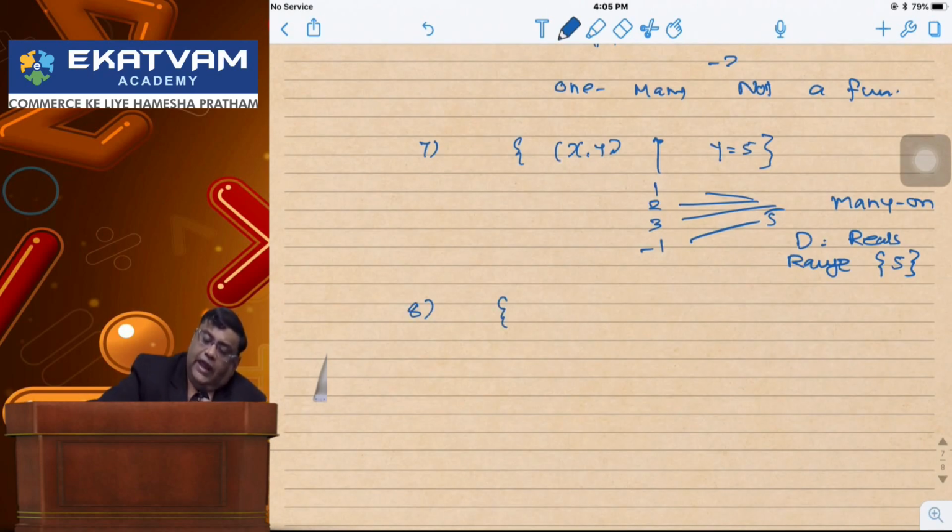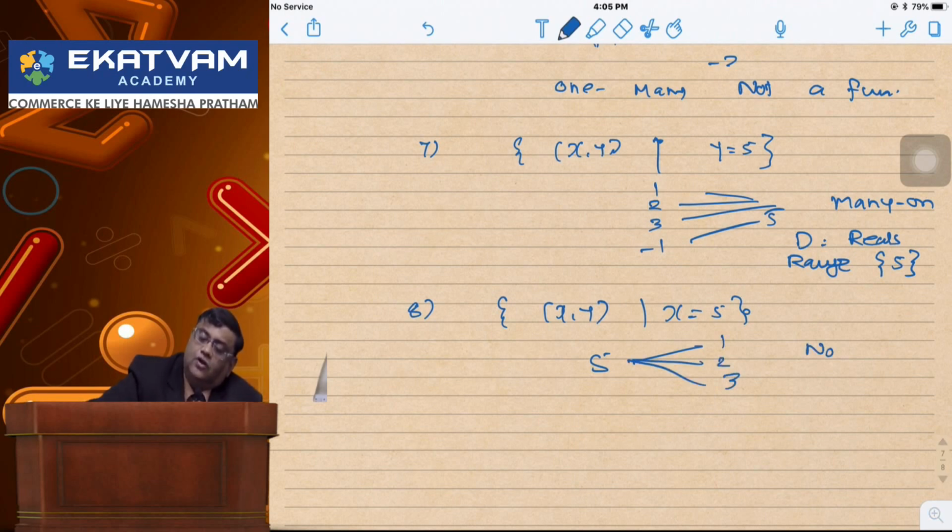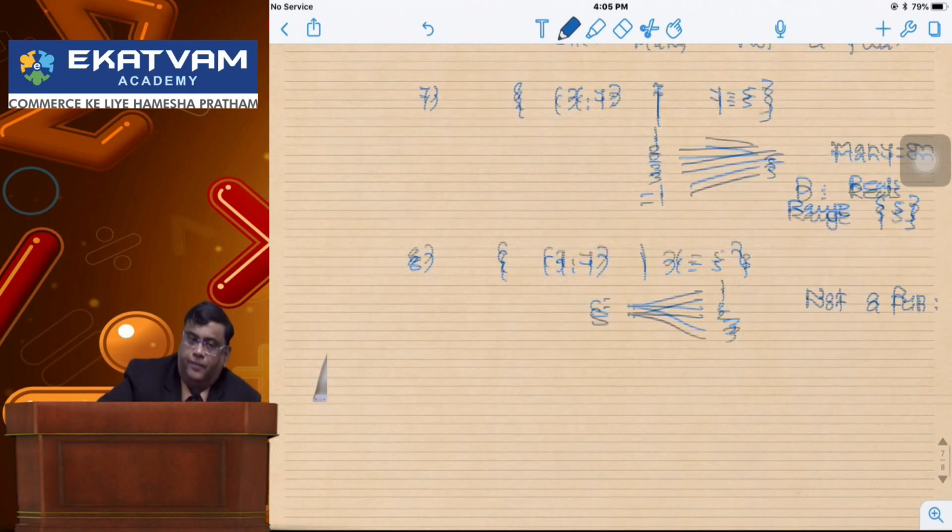However, if I consider x, y such that x equals 5, then what will happen? 5 can be related to any y, so it is not a function.